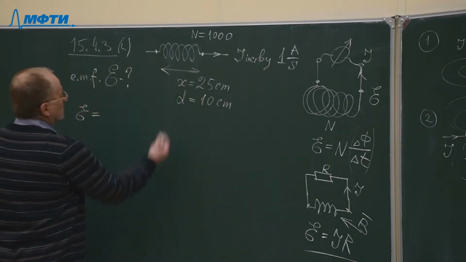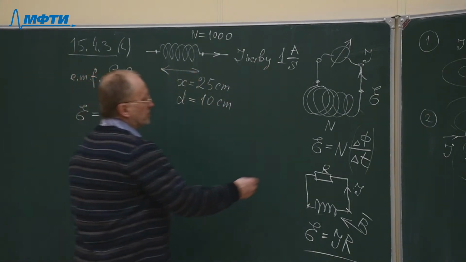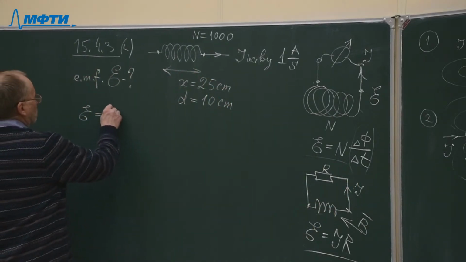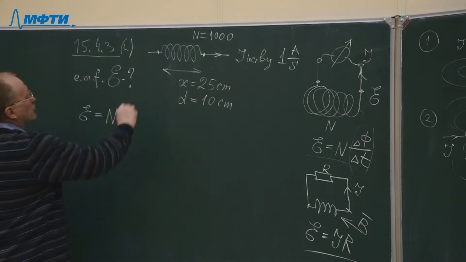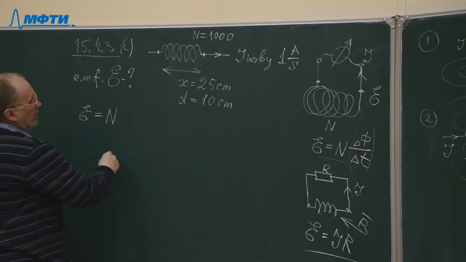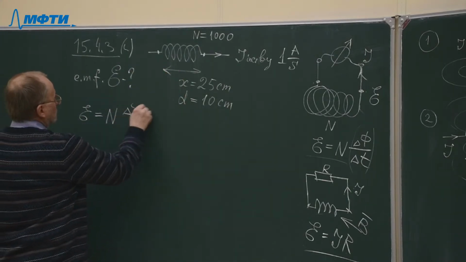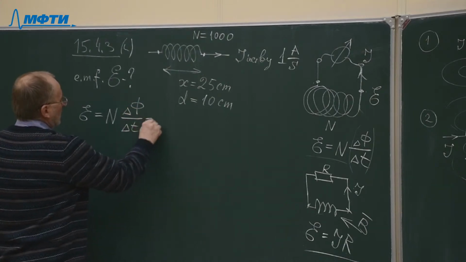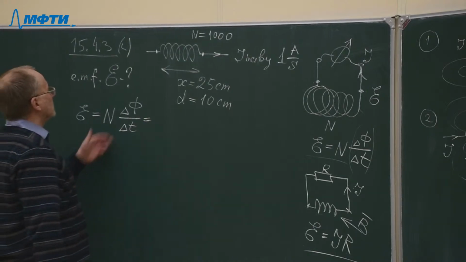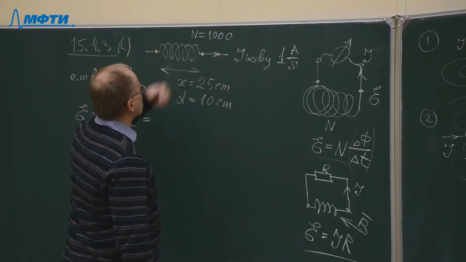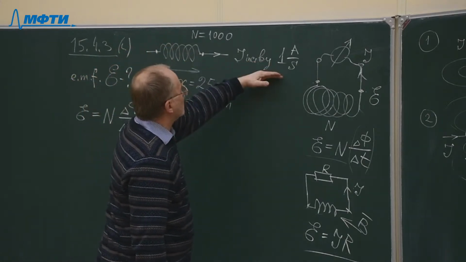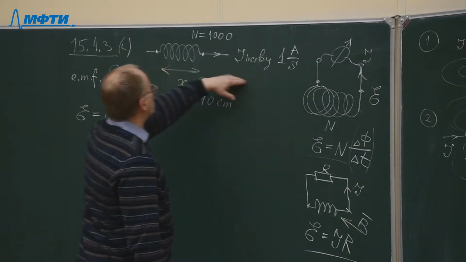So if the current is changing, then we have to use this formula. The electromotive force will be proportional to the number of turns of the wire, and it will be proportional to the rate of change of magnetic induction. Magnetic field is created by the same current, and the magnetic field is changing because current is increasing with the rate of 1 ampere per second.